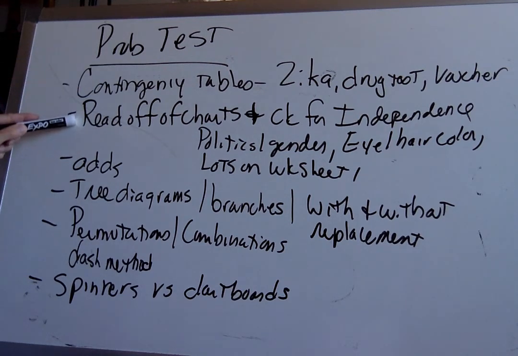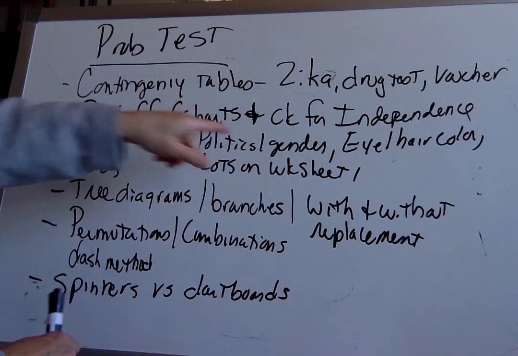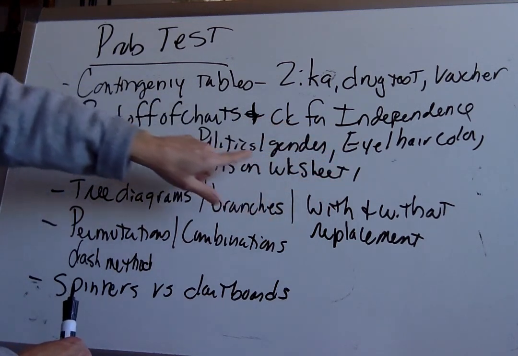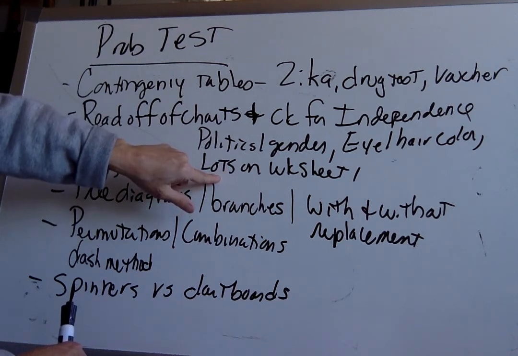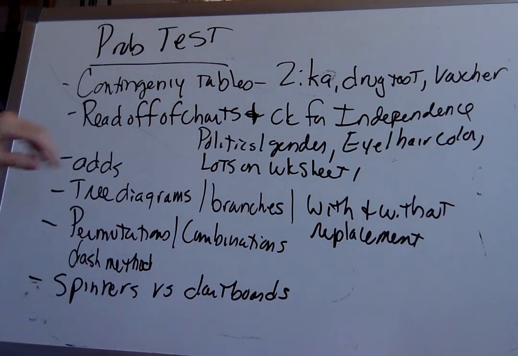Reading off of charts, determining probabilities, and then checking for independence. We had 2 handouts: eye color, hair color, politics, gender, and then there were 4 or 5 more on worksheet 1. There were probably even more in the book, I don't know. Remember odds, that different form of probability. I can't remember if there's one of those on worksheet 1, but there are definitely some problems in the book and from lecture.